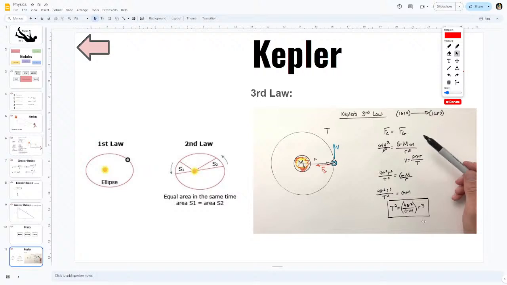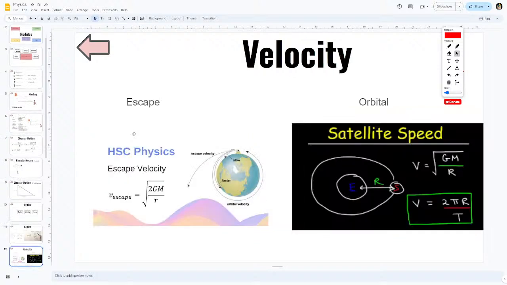That's not the T formula. Whatever the formula that I just said. What's this one? Equal areas at the same time. It's fine. Just remember elliptical, equal areas, and that formula.